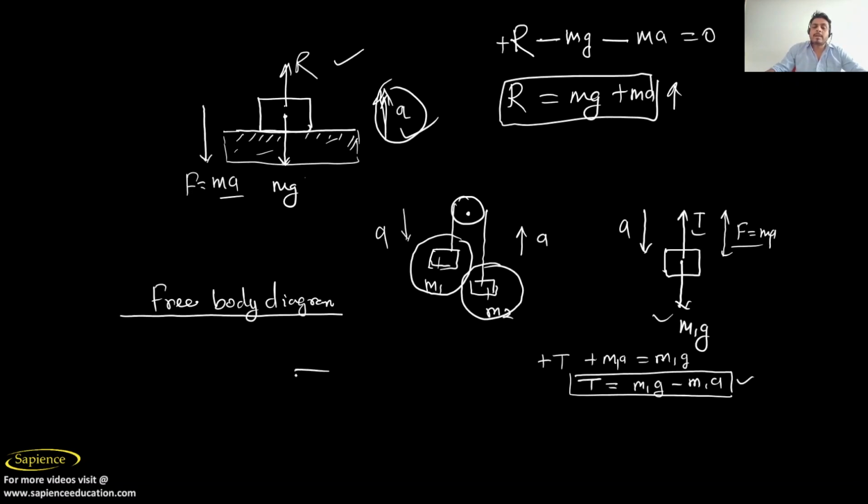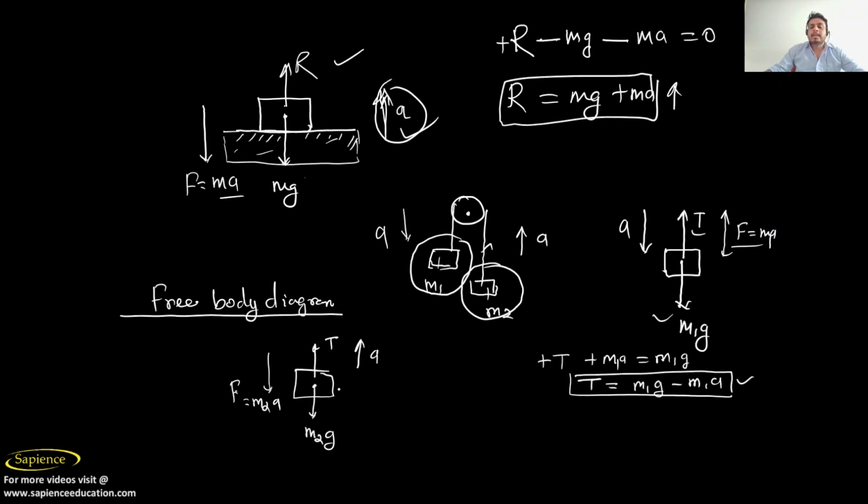So in case of m2, what did you see here? See here, m2, the gravitational force m2 into g will act in downward direction. Above, tension force will act in upward direction. Since acceleration is in upward direction, an extra pseudo force, that is F equal to m2a, will act in a downward direction.